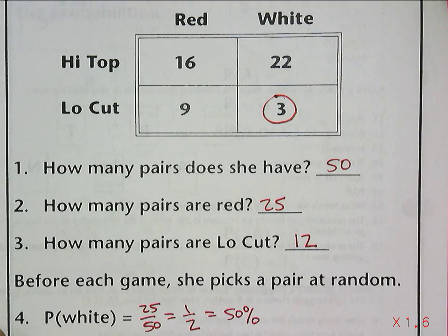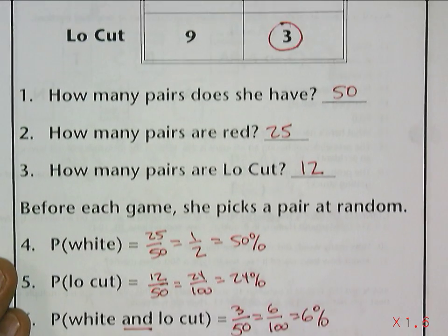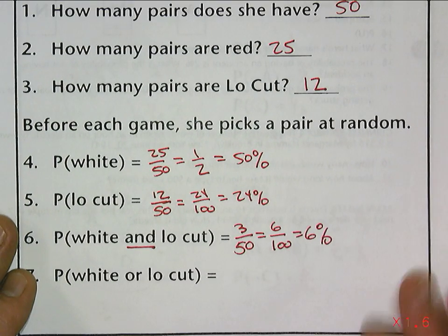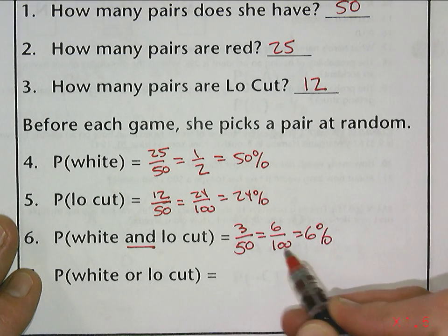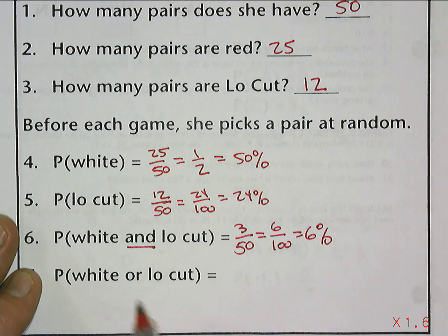So now we have 3 out of 50, or 6 out of 100, which is 6%.